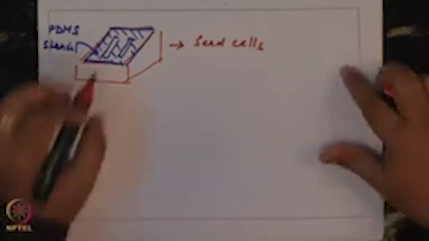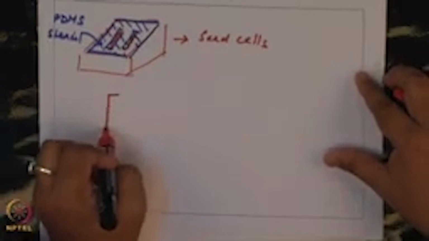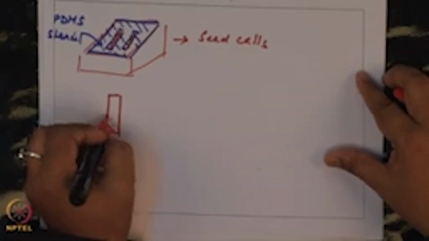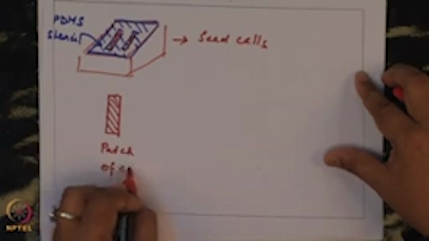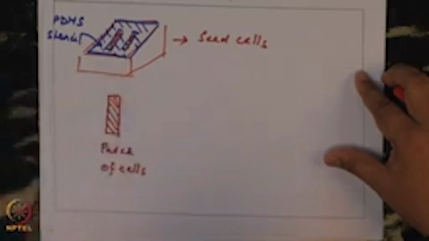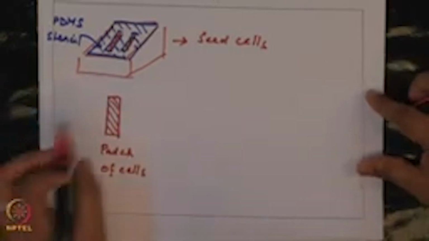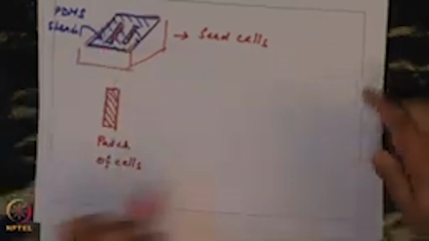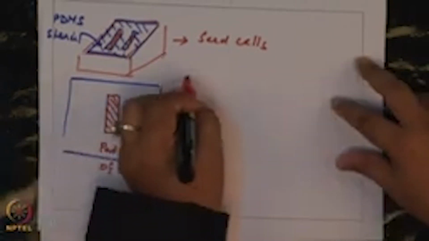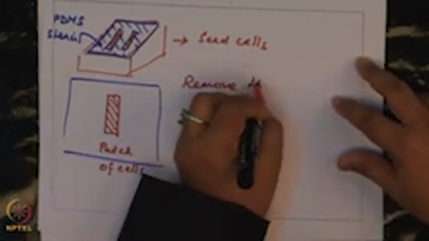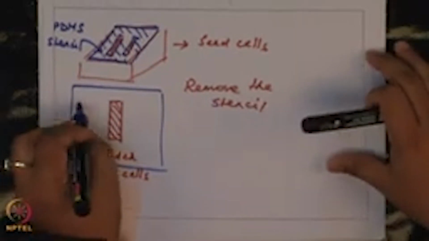So the cells instead populate the space available, and you have created a patch of cells, and around it is an area which is not accessible to the cells. The stencil is around it, but this is the entire surface. If you remove the stencil, what you have is empty space.